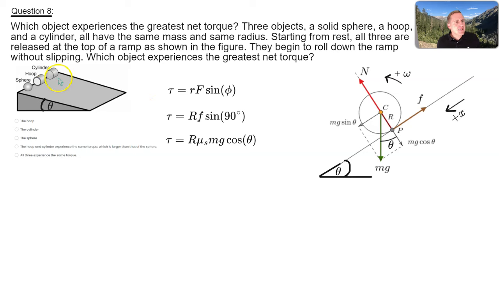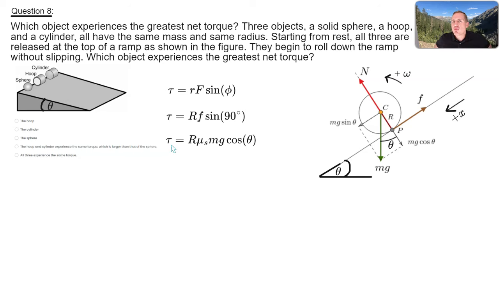The radius is the same for all objects, because they all have the same radius, and we're told they have the same mass. Let's assume the static coefficient of friction is the same for all objects, because they're all on the same surface. And let's assume the angle theta, of course, is the same for all the objects, because they're on the same ramp. But if that's the case, then the torque should be the same for all the objects.